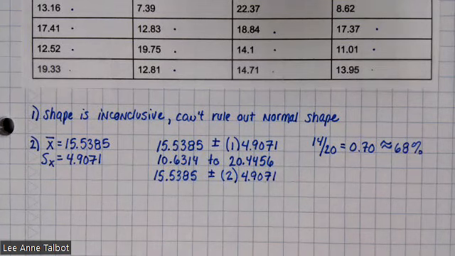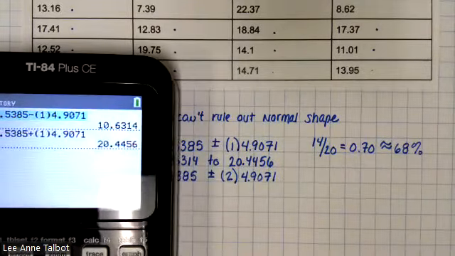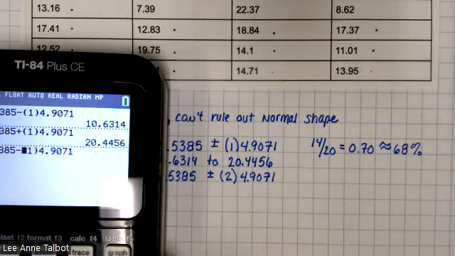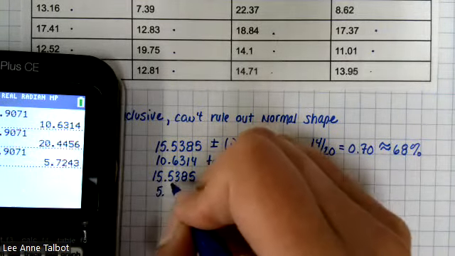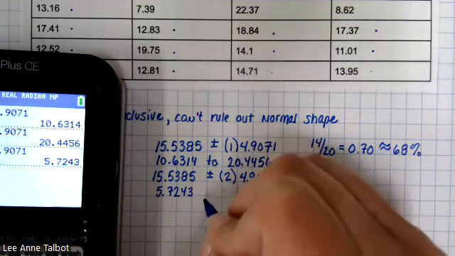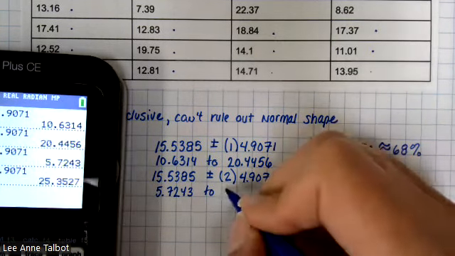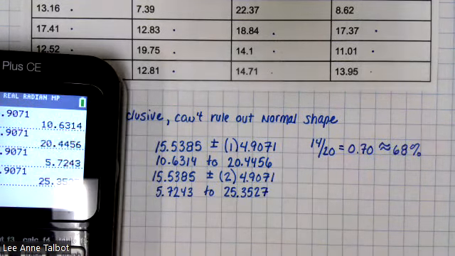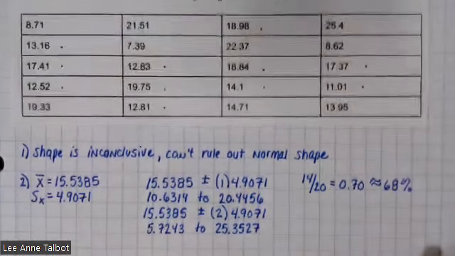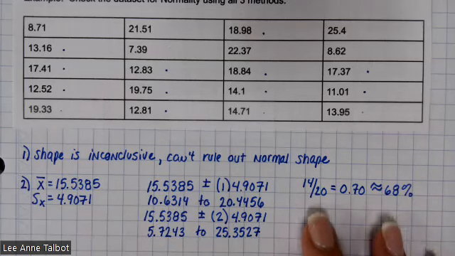Now I'm going to check two standard deviations out. And this is just my pure laziness. I'm going to scroll up and change this to a 2. So I already know the 14 that I put dots next to.